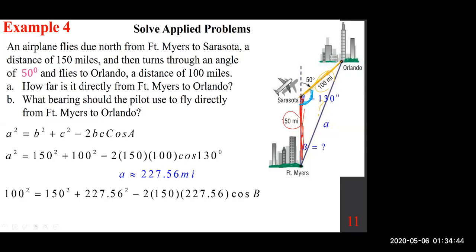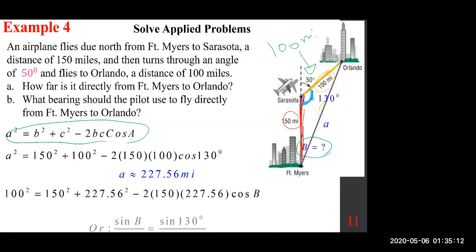So let me use a different color. The reason I'm mentioning this is because even with one formula, you can repeat using it as long as you understand the meaning of it. This is the included angle. And 100 miles is the size of the opposite side.